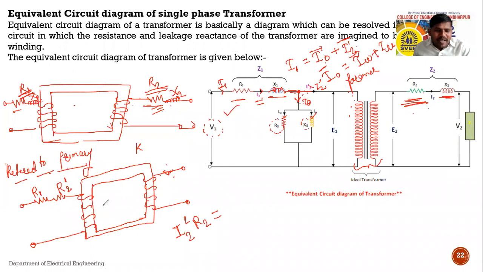so that when it is transferred to primary side, current flowing from primary side, what is the value of current? Secondary side, primary side च्या value, current ची value काय? I1, right? And the resistance transferred to the primary side is R2 dash.